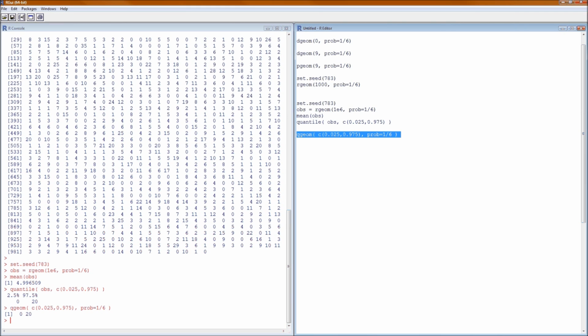If you want to calculate an exact probability for a single outcome, use the prefix d. If you want to calculate a cumulative probability, use the prefix p. If you want to draw a random sample, use the prefix r. If you want to find the quantiles, use the prefix q.